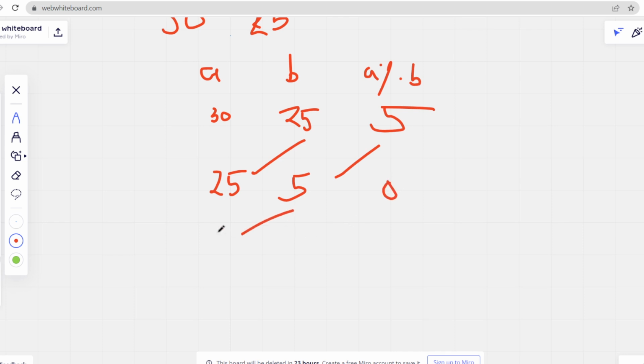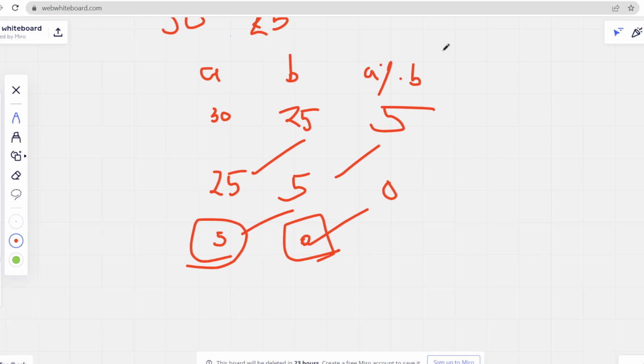Then we'll copy this 5 here again, and this 0 here. So now we are going to reach the base case because our second parameter has become 0, and that means a is the GCD of the two numbers.